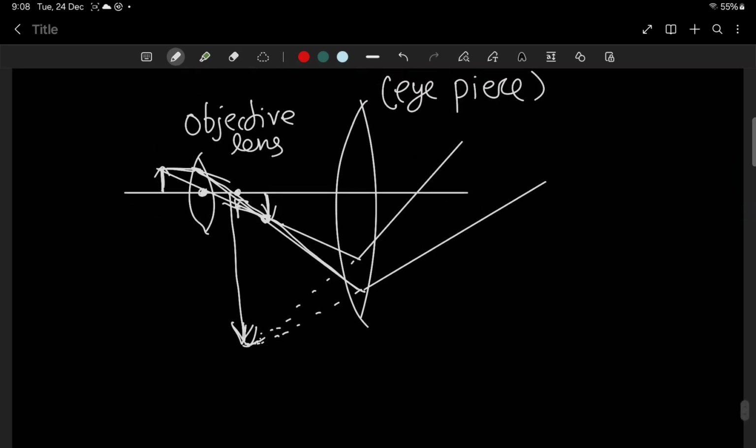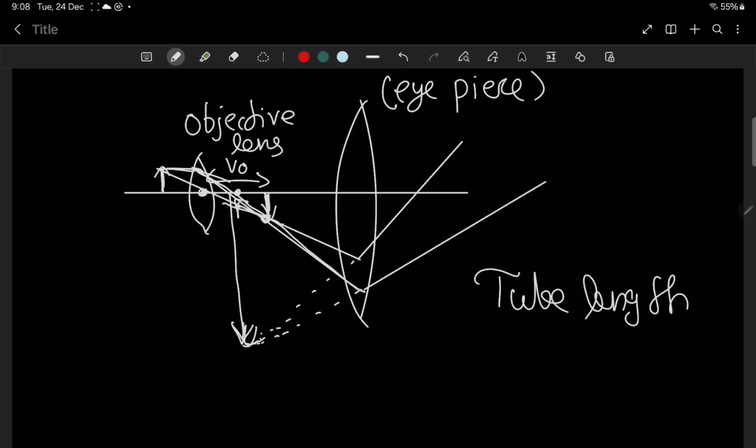Now tube length. What is tube length? This virtual object is really the image for this big eyepiece lens.